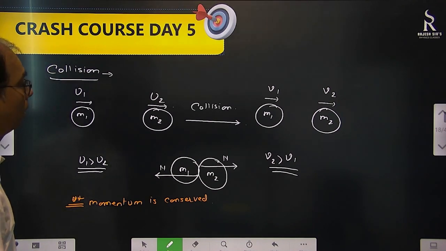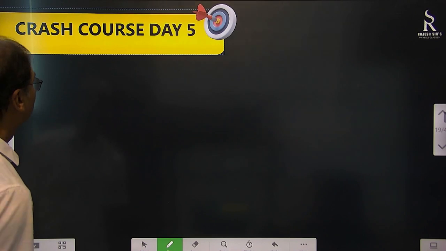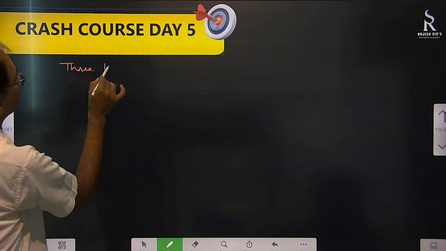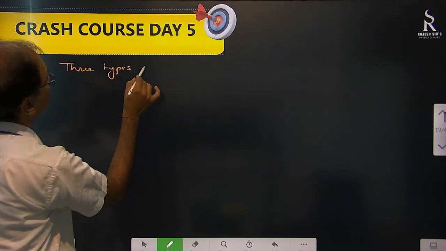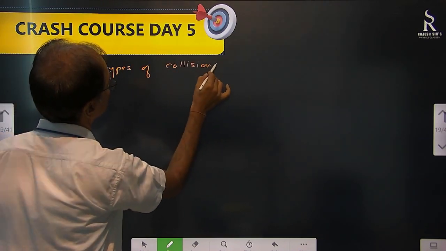Right? Now, how many types of collisions are there? Three types of collisions.